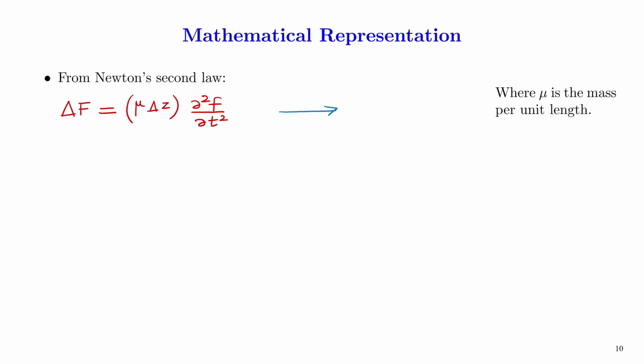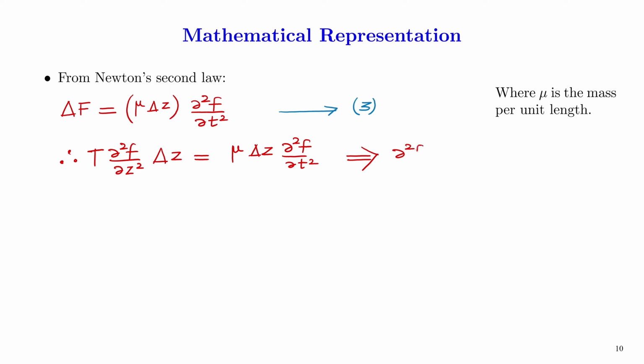We'll take this as equation number 3, and therefore T multiplied by ∂²f/∂z² multiplied by delta z is equal to mu times delta z times ∂²f/∂t². From this, we can write ∂²f/∂z² as equal to mu over T times ∂²f/∂t².